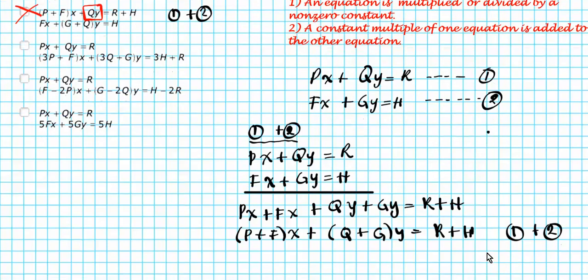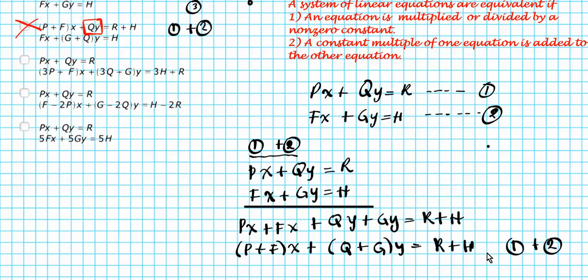Okay, let's take a look at option 3. You have Px plus Qy. Oh, that's equation 1, clearly. It's equation 1 right here. And I look at this right here, 3P plus F. That looks like you tripling 1 and adding it to 2. We're not sure yet.